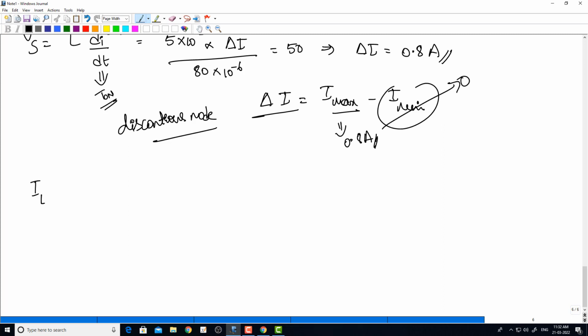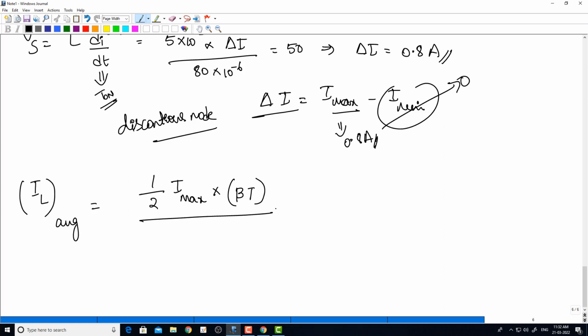That is the area of the triangle: 1 by 2 into height into width, divided by the total time period.